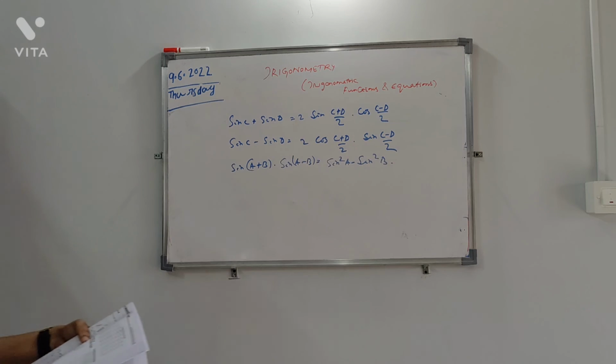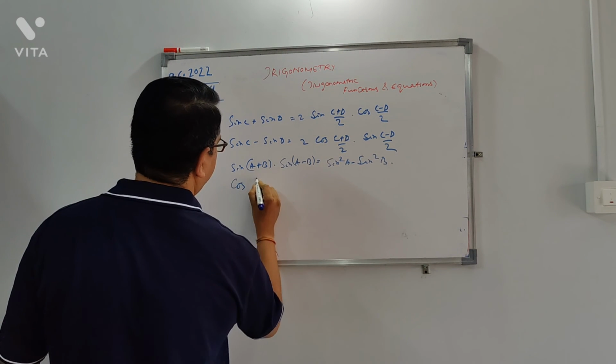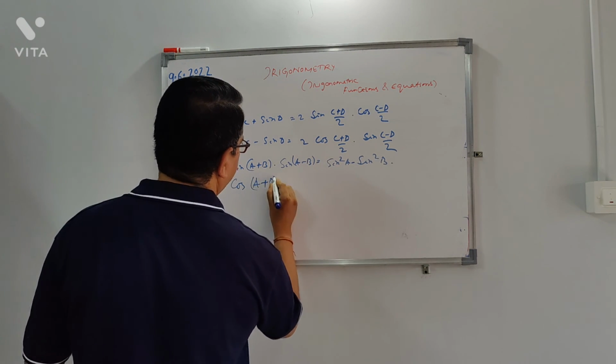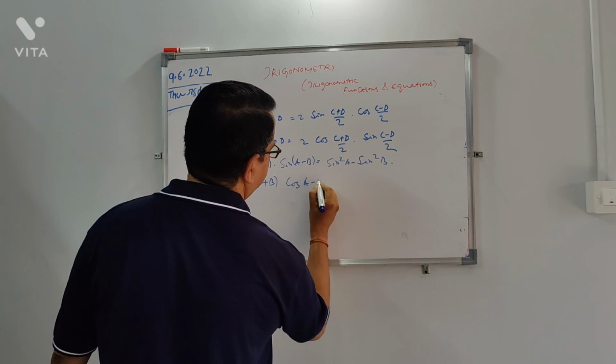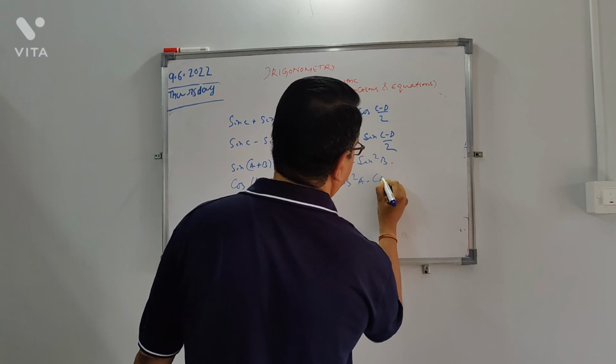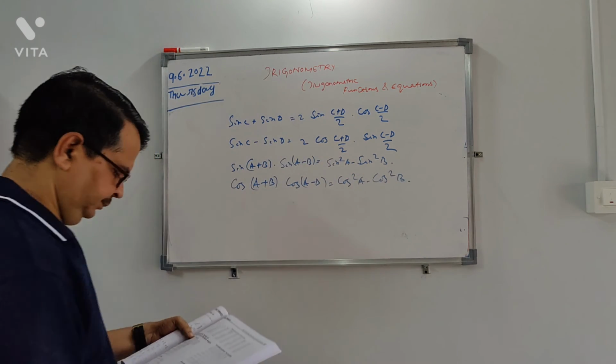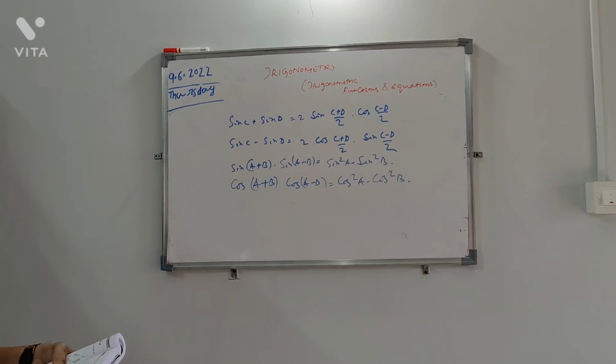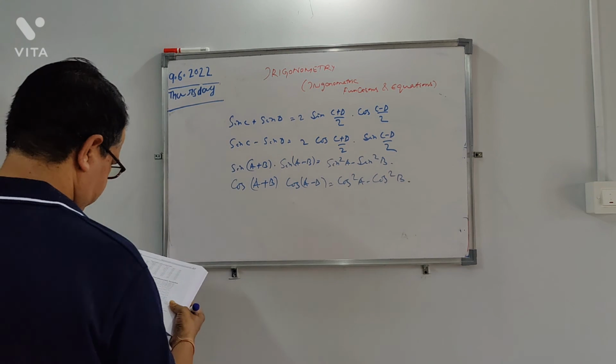Then cos A plus B into cos A minus B is cos square A minus cos square B. And there is another formula that may be important.